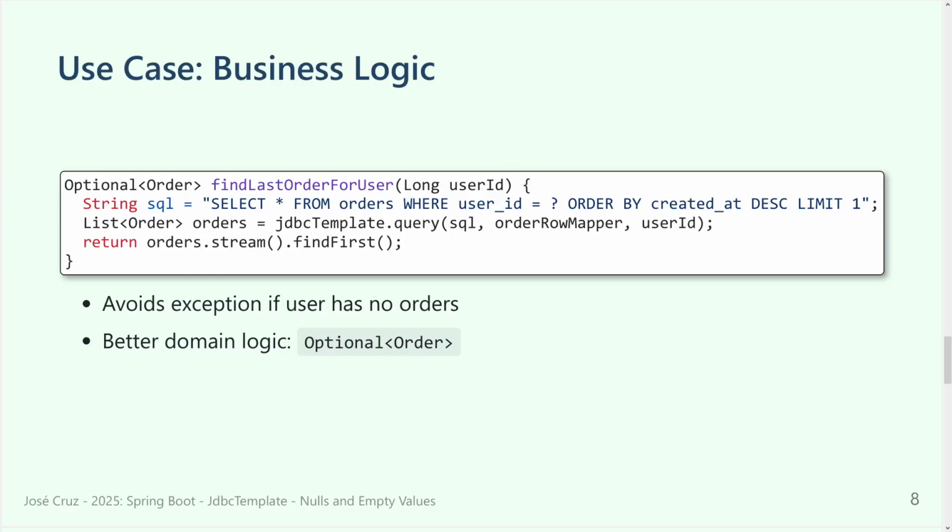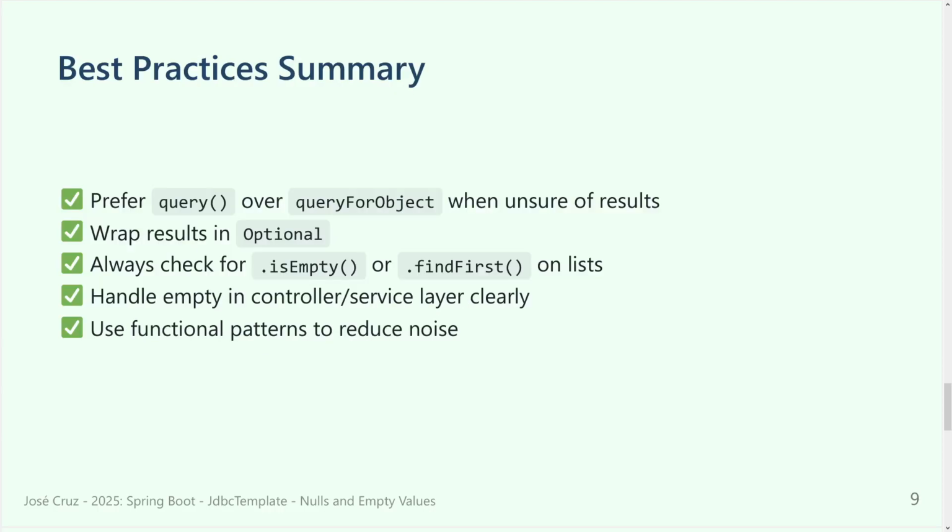So it avoids exception if the user has no orders, because you are returning this. Remember that the filter is for a specific user, and it's better domain logic, the optional order. So this limit one, it's a quite nice solution because it makes sure that it's only one and you defend the result using the optional. That's another strategy that you can use.